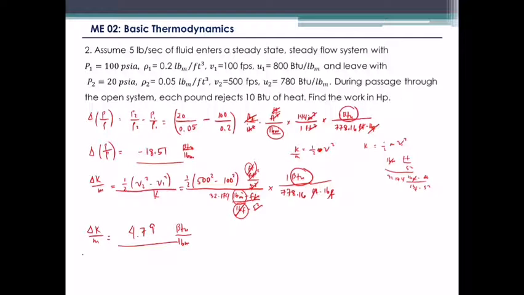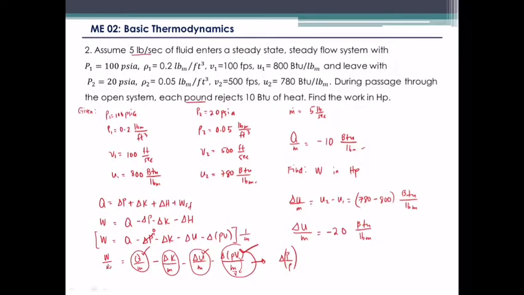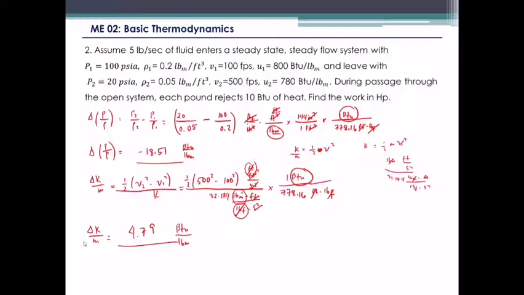Now, as said earlier, what we need to find is work. So to get work, we transpose M, cross it over, so that you have now the work: M times Q over M, minus delta K over M, minus delta U over M, minus delta P over density.